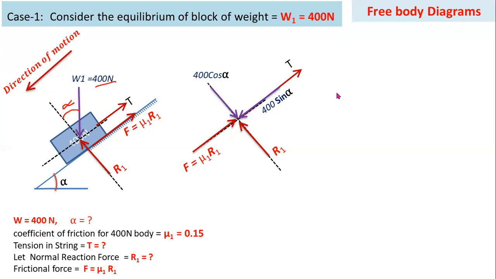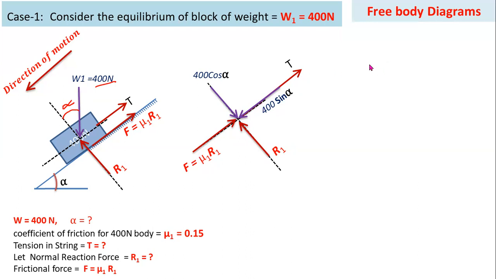Now for determining the value of reaction force R1, you have to resolve all the forces along the normal plane. For determining the value of tension T, you have to resolve all the forces along the inclined plane.